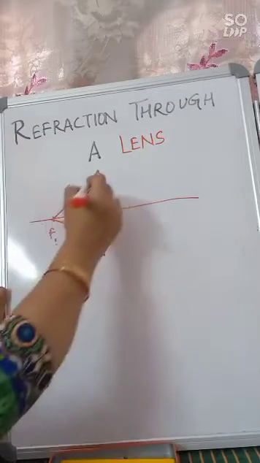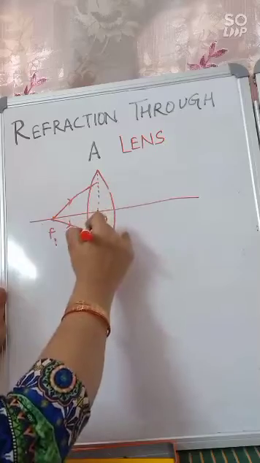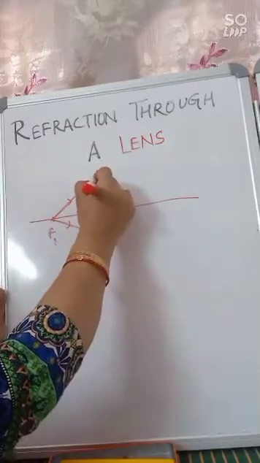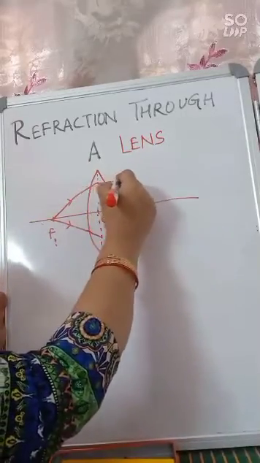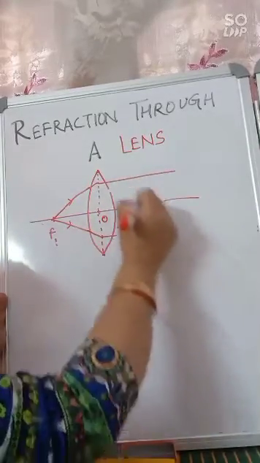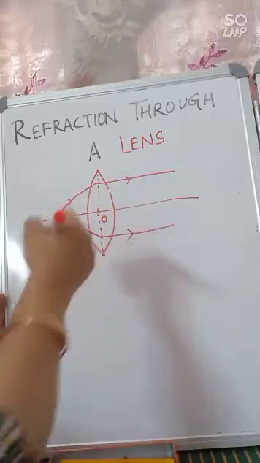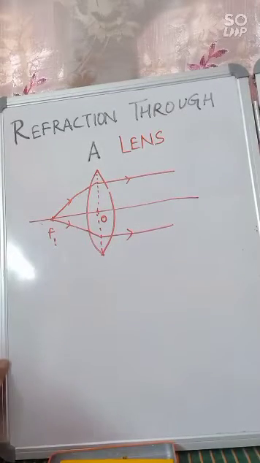As I told you, by convention we have taken that the bending occurs from the center of this lens, right? So it will become parallel to the principal axis. This is your first focal point of the convex lens.